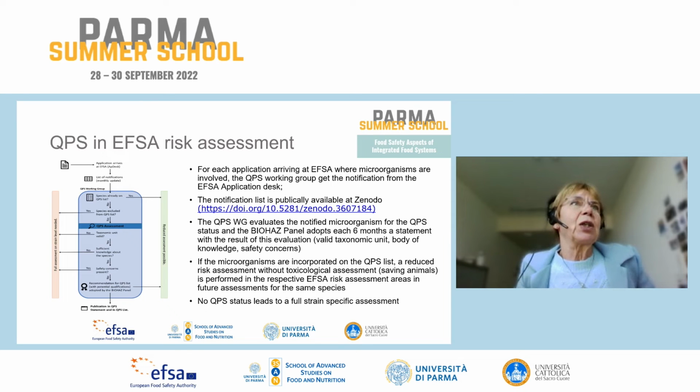So each 6 months, the QPS working group is evaluating about 6,000 literature papers related to the QPS taxonomic units to evaluate if no new concern would have been reported and if the QPS status can be kept for all the organisms on the list.